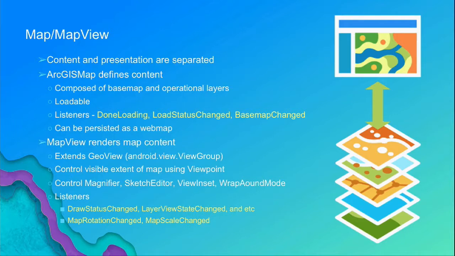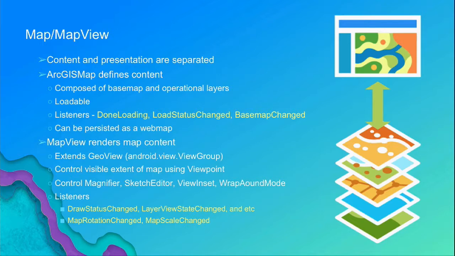And when you switch the base map, that's also an event, a base map change. So you can add your logic in this event listener, for example, to display the loading progress of your map. And we also provide an API for you to persist your map as a web map and save it to your portal and share it with your organization or the public.